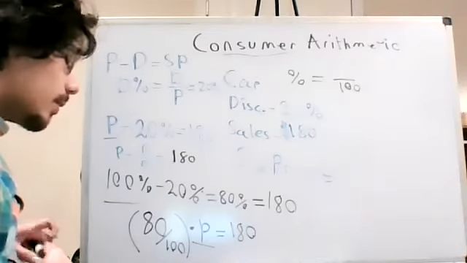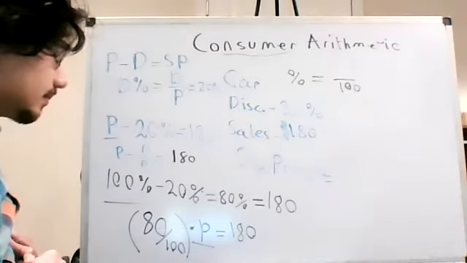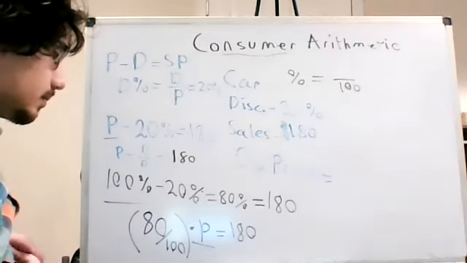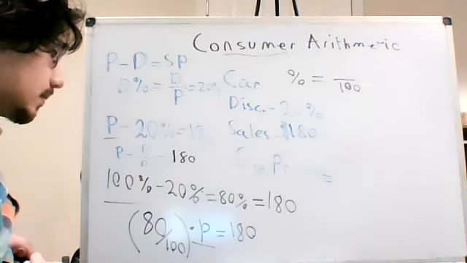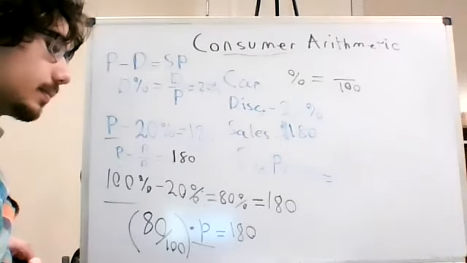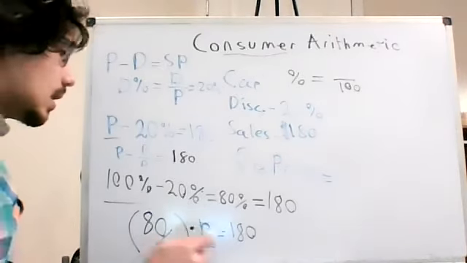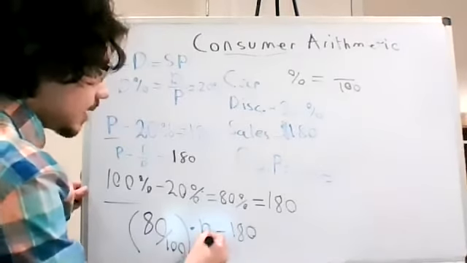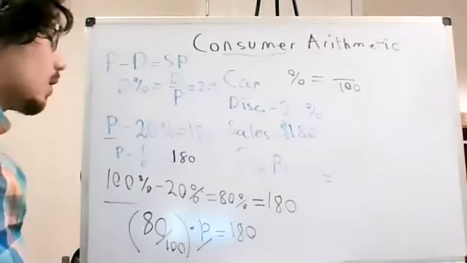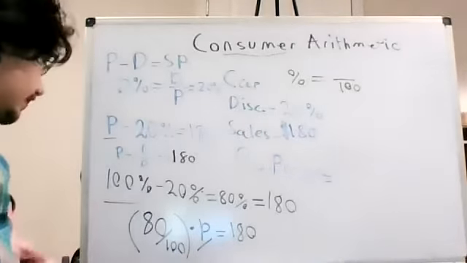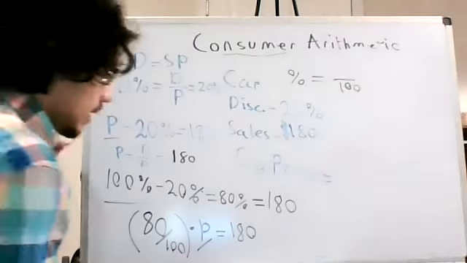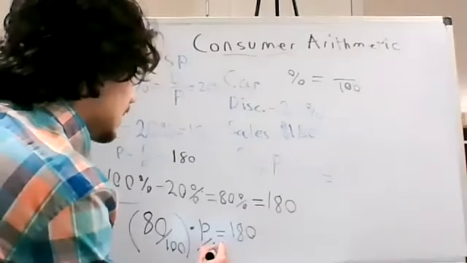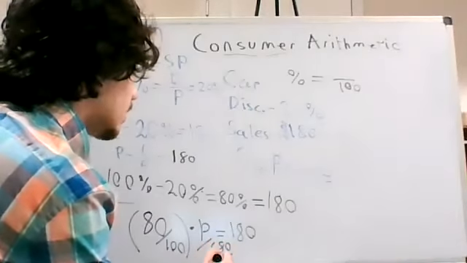So what are we going to do to this equation? We said we are going to divide P by something. What are we dividing P by? 80 over 100. Very good. 80 over 100.